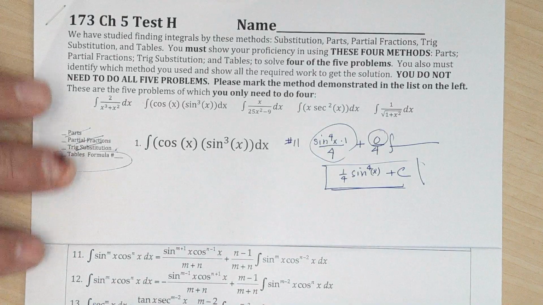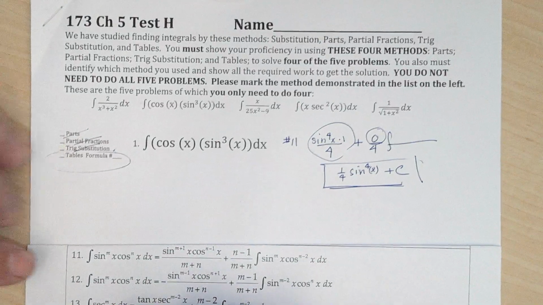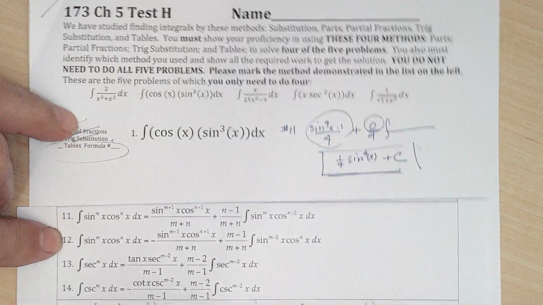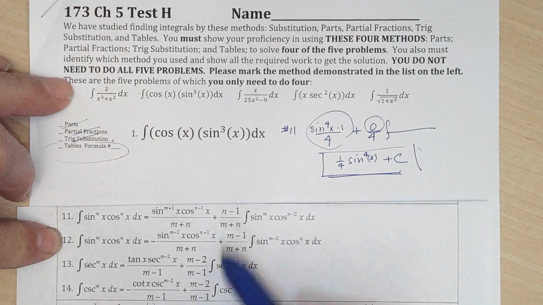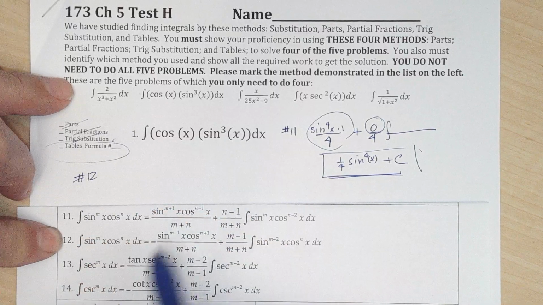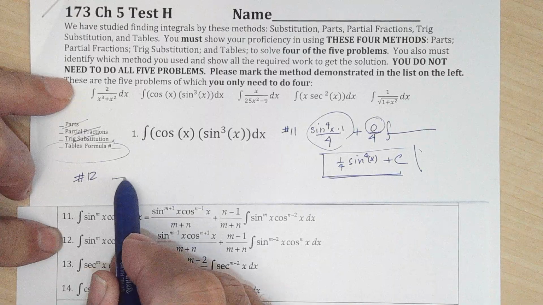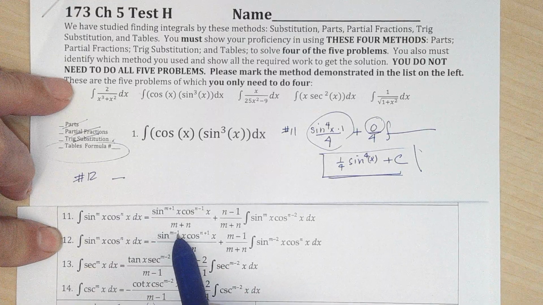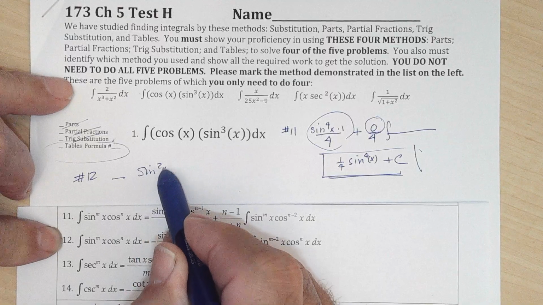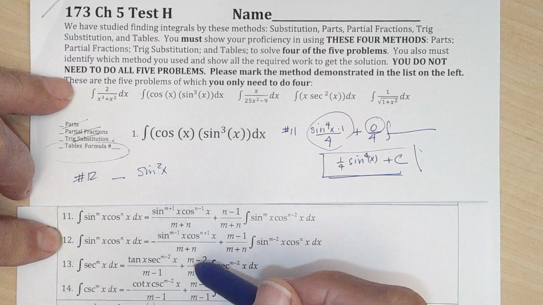Not quite as easy a way to do it is with 12. With number 12, we're going to do minus sine 1 less, which would be sine squared. 1 less than 3 is 2.